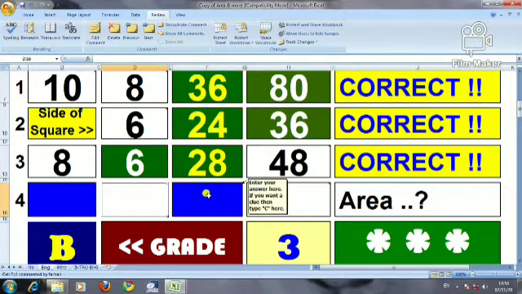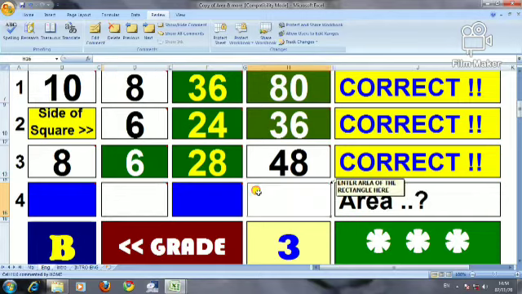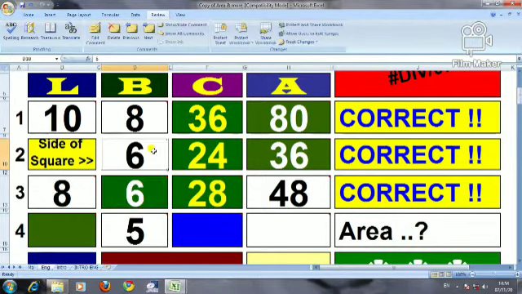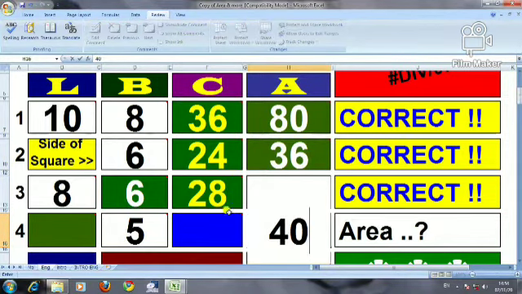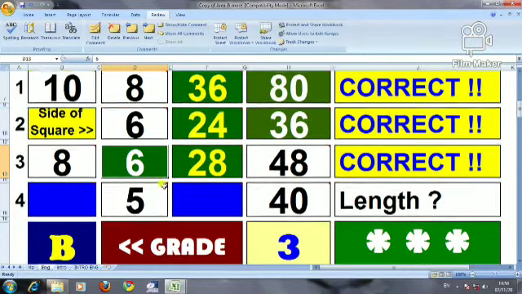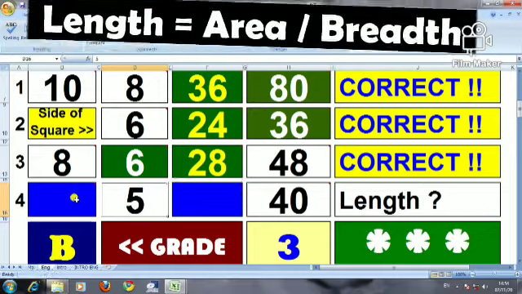Now the last one, we haven't given any data. Now let's enter any. Here we can enter 5. 5 is the breadth, and suppose 40 is the area. Then we have to find out first length, that is area divided by breadth is equal to length. 40 divided by 5 is equal to 8.